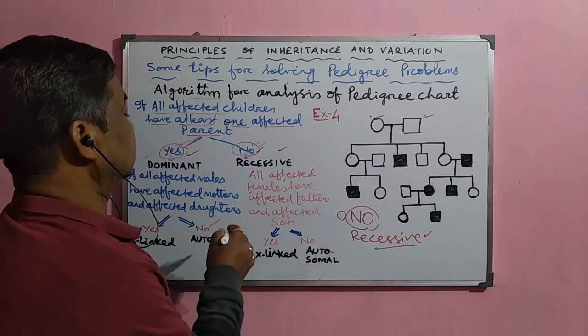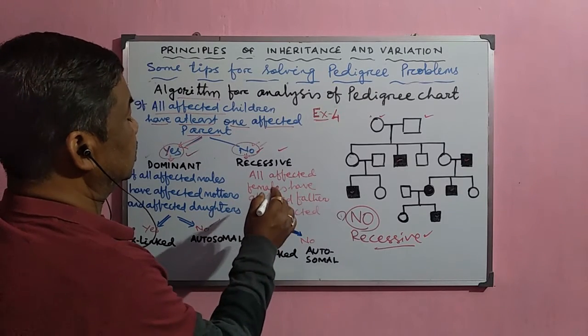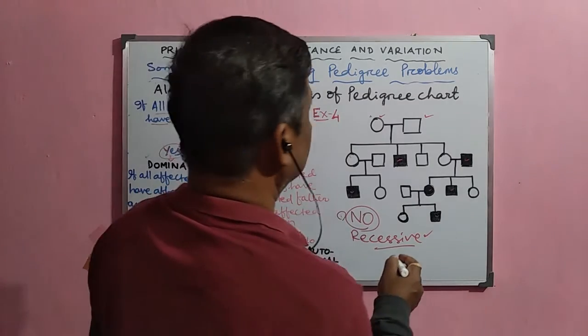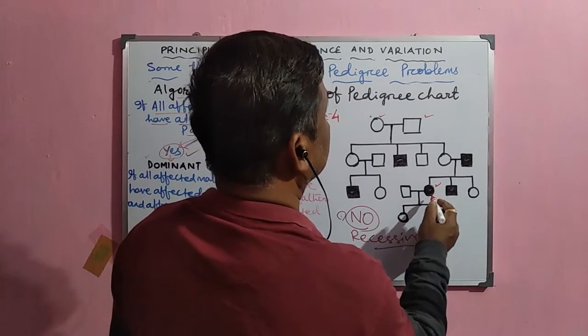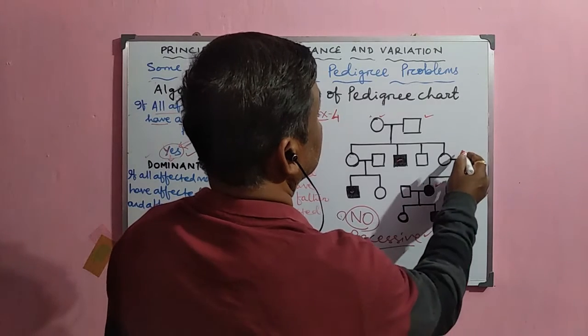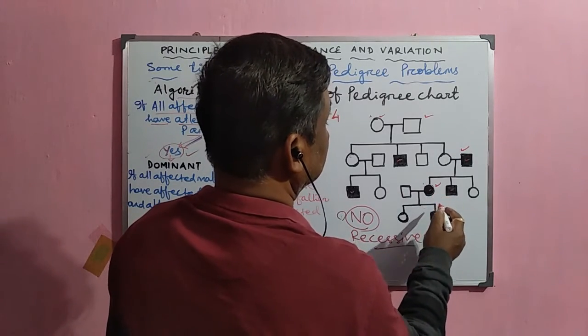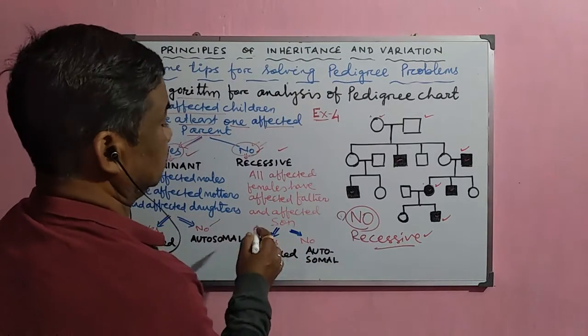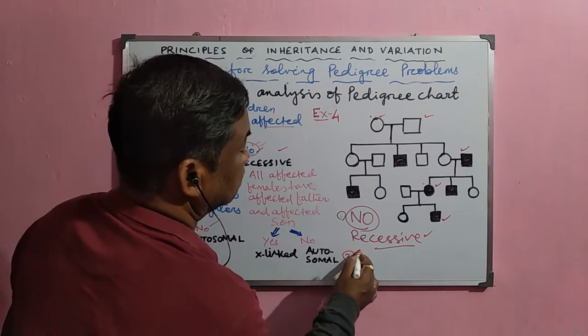Now in the second case, all affected females have an affected father and affected son. You can take the example here. Suppose this is an affected female, and this affected female has an affected father and it has an affected son. So in the second case, it is yes.